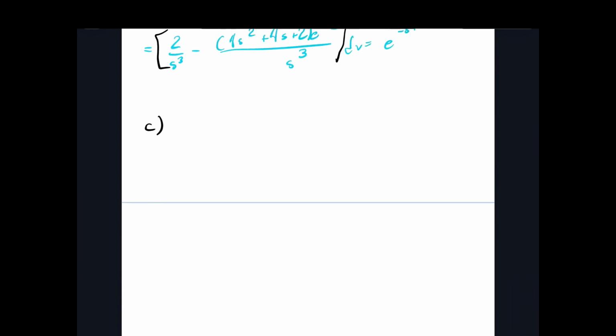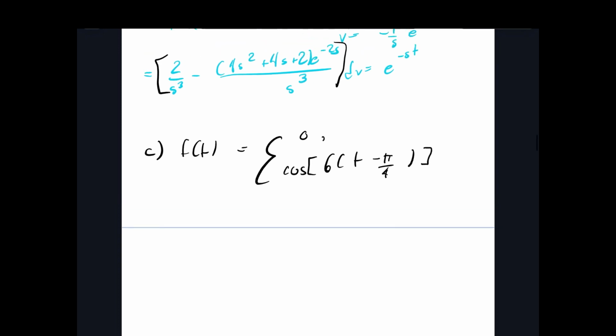So C is f at t equals 0, cos 6 t minus pi over 4, and your boundaries are 0 is less than or equal to t is less than pi over 4, and t is greater or equal to pi over 4.